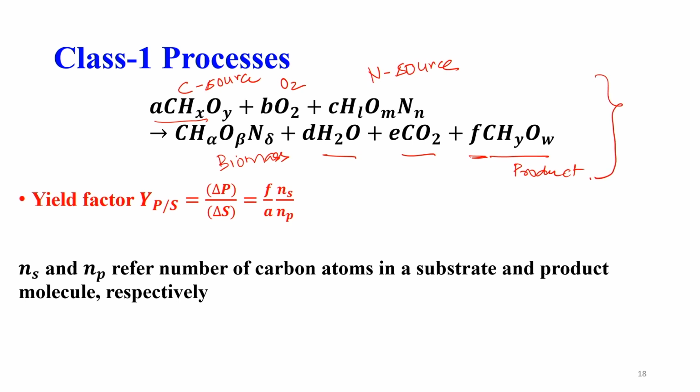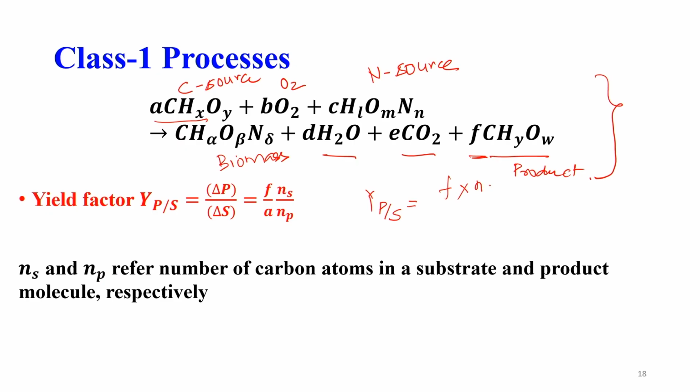So, here is how we calculate, let us say I want to calculate the yield of product, Y P by S. This will be the stoichiometric coefficient of product F into Ns, the number of carbon atoms in the substrate, and Np is the number of carbon atoms in the product.